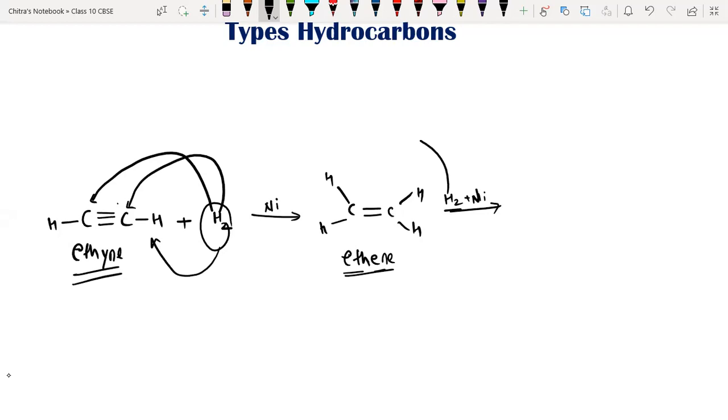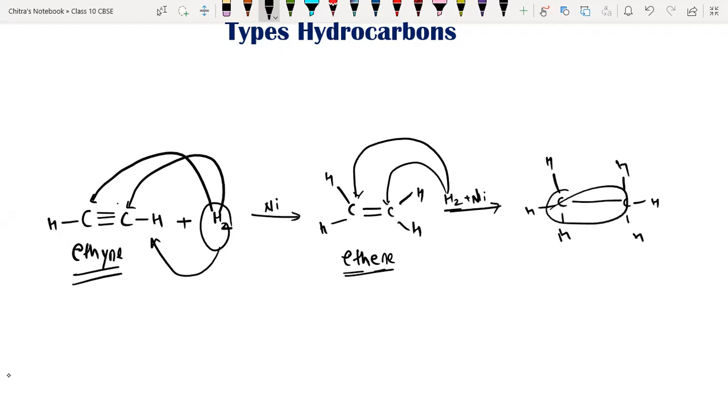One hydrogen will attach over here and another over here. So now we have 3 hydrogens with 1 carbon atom, and another carbon with 3 hydrogen atoms. Their valence is completed by 3, so they share only 1 pair of electrons. So now we have a carbon-carbon single bond.